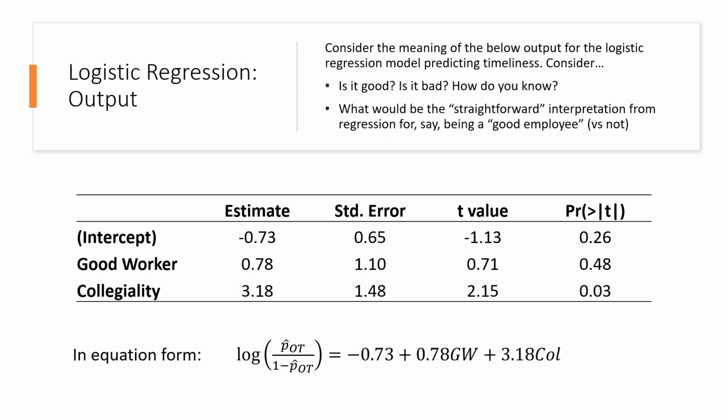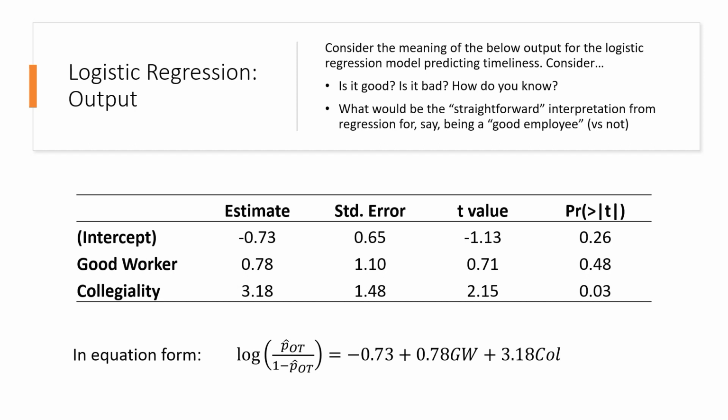And again, what I hope you're hearing in this is when I'm quote unquote interpreting this, I'm saying things like this is how much the log odds of being on time increases. I'm not saying this is how much the probability of being on time increases or even the odds of being on time increases. So this is a difficult interpretation and quite frankly is not intuitive at all.